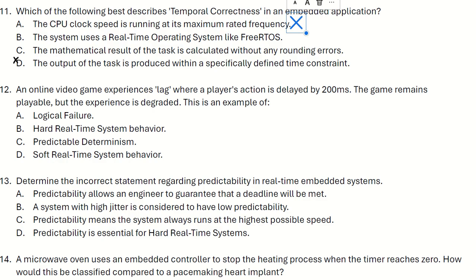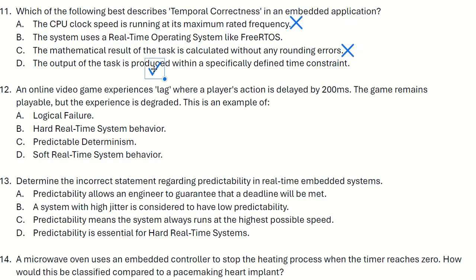Let's continue to read. The mathematical result of the task is calculated without any rounding. This one, I'm not so sure what they're talking about. The output of a task is produced within a specific defined time constraint. Okay, this one I think is correct.